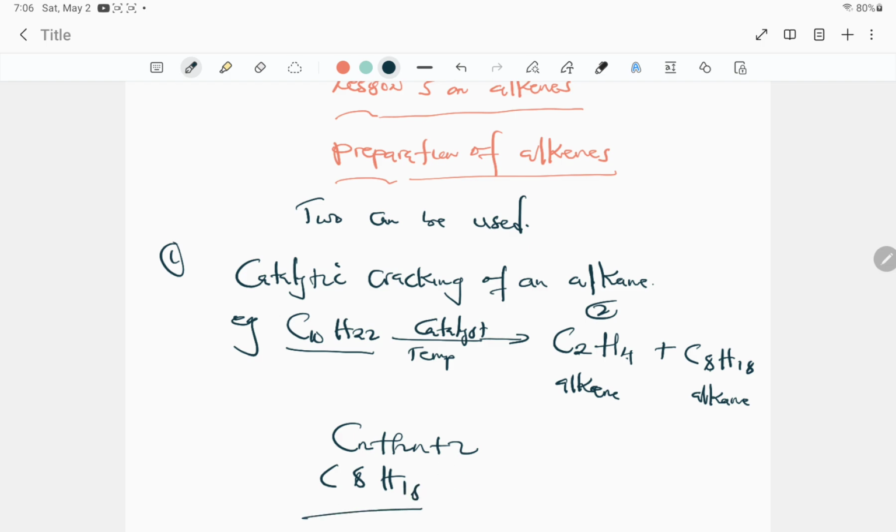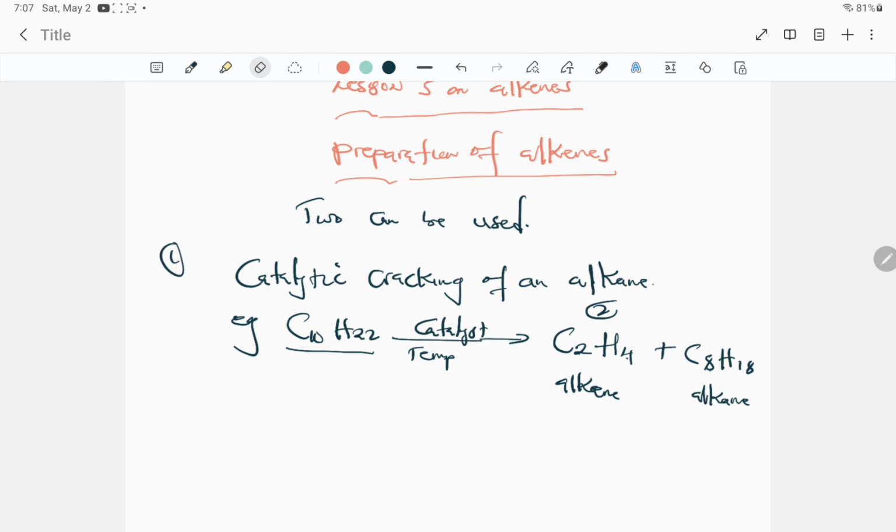So this is an alkane. If the number of carbons goes into the number of hydrogens twice without any remainder, that one is an alkene.